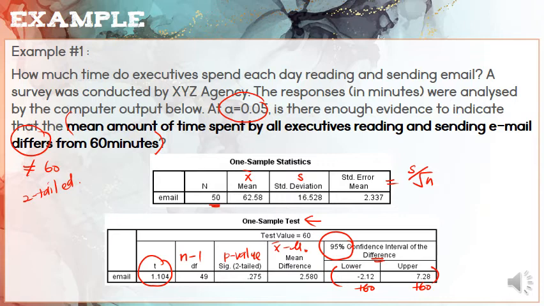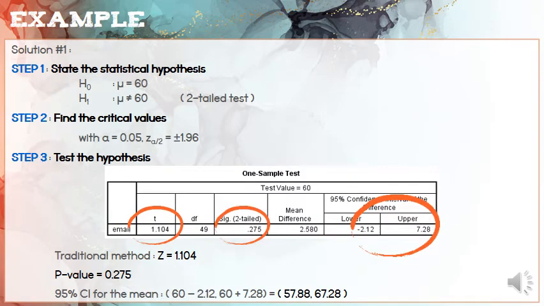So this is an example of hypothesis testing. So apa you perlu buat? Follow the steps. So step number 1, state the statistical hypothesis. Ada dua, hypothesis awak should have null hypothesis and alternative hypothesis.